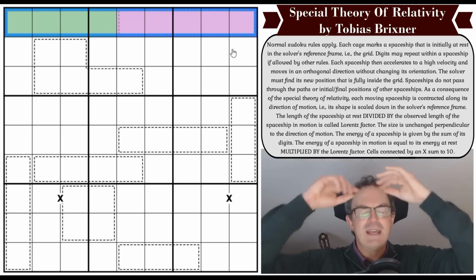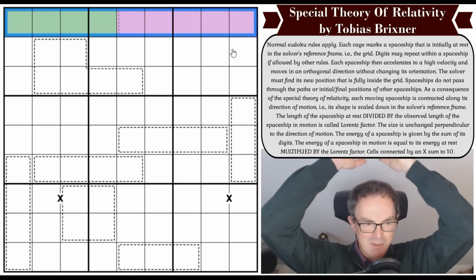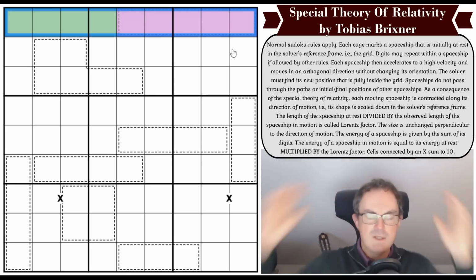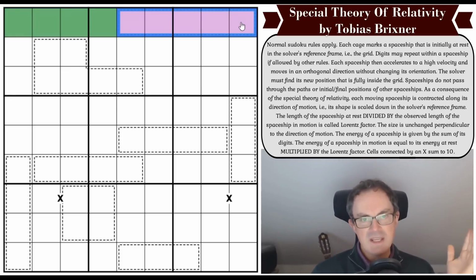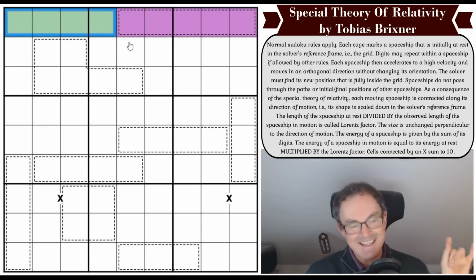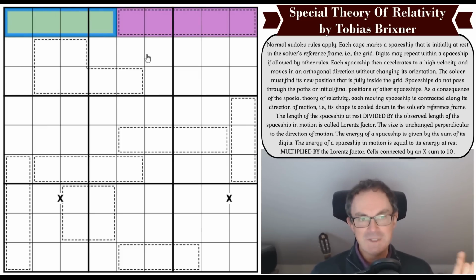Sorry, let me just try and explain what I'm seeing there. Let's say the value of this cage, or the digits in that cage, is x. Then I know that the value of the energy stroke digits in this cage is x multiplied by 5 over 4.